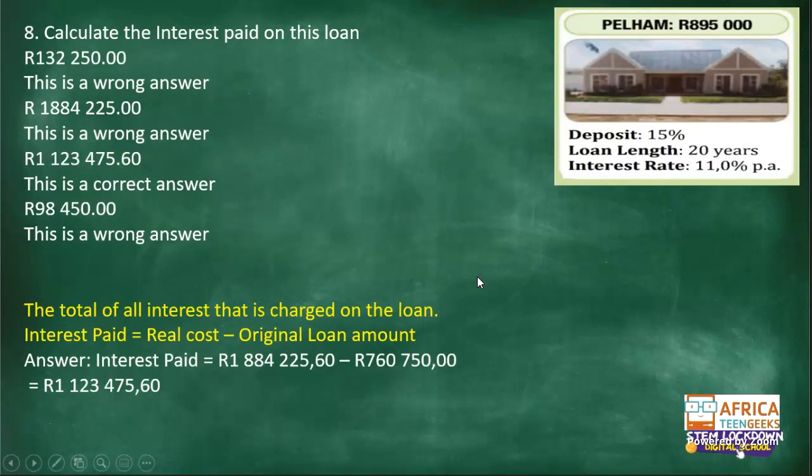Remember, there's an amount which you have already paid, and that amount was 15%. So if you add the 15% there, you'll be able to see that you could have actually saved more than 900,000 rands in value there.